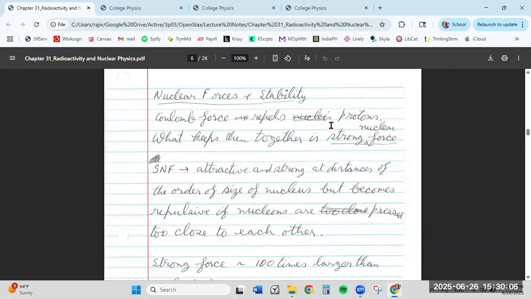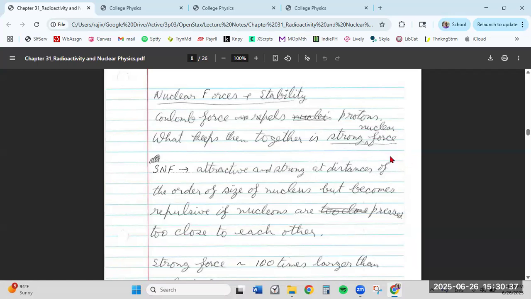So it would be quite strange that a nucleus actually manages to exist with all these repulsive forces inside it. The reason you can have a stable nucleus without protons flying apart because of the Coulomb force is the existence of another type of force inside the nucleus, and that is called the strong force, or the nuclear force.